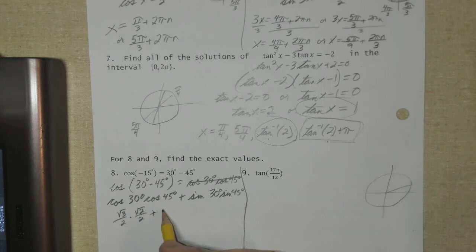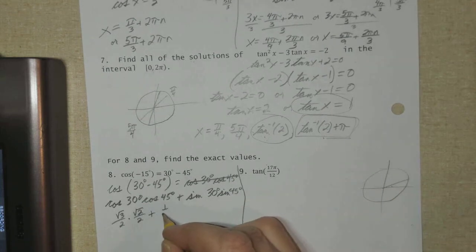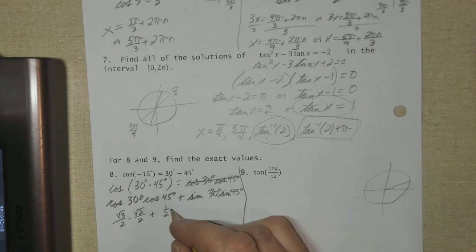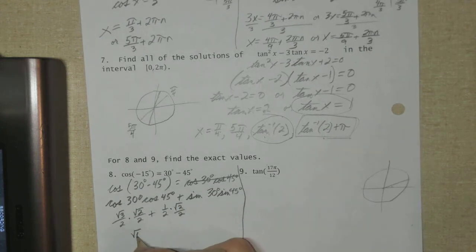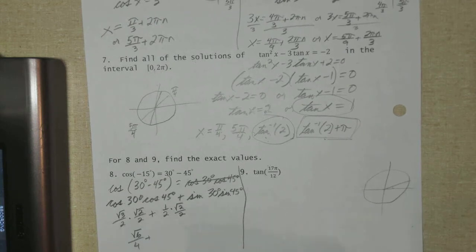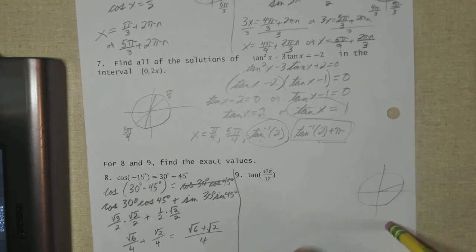Sine of 30 is 1/2. Sine of 45 is square root of 2 over 2. So radical 6 over 4 plus radical 2 over 4, which is radical 6 plus radical 2 over 4.